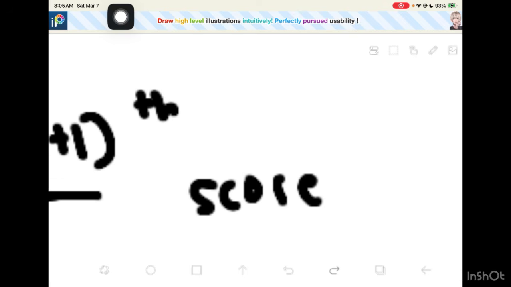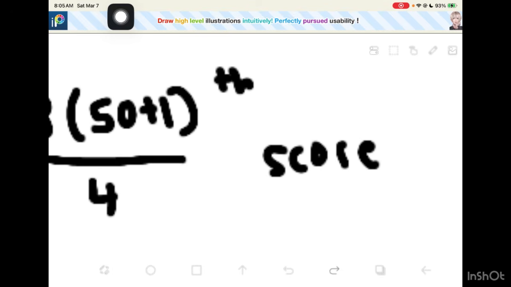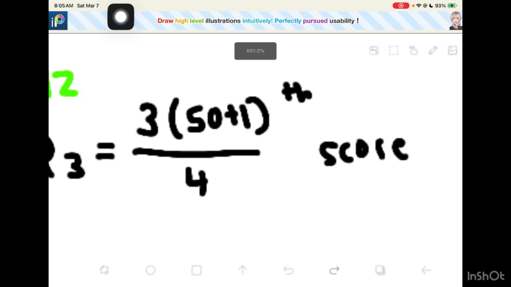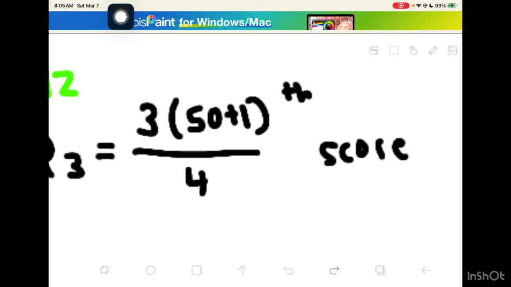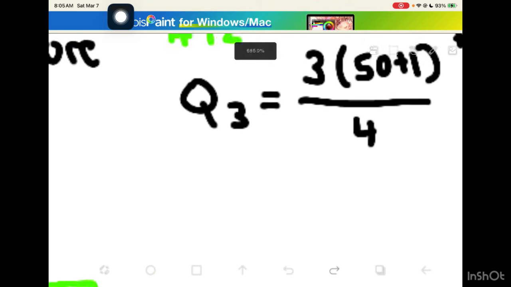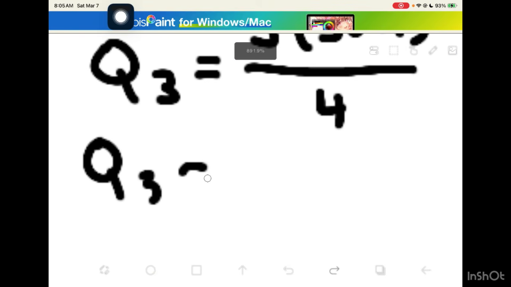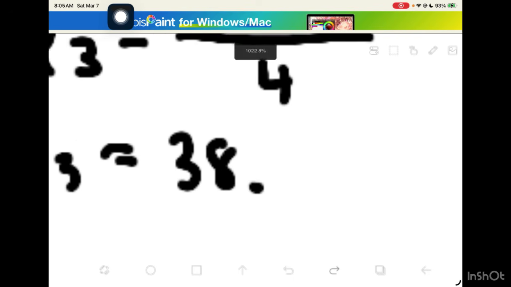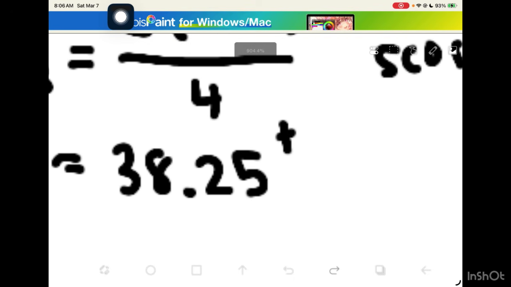So in order to put that in the calculator, we need to do 3 times 51 over 4, which results in 38.25, which means we need to find the 38th and 39th average, okay?